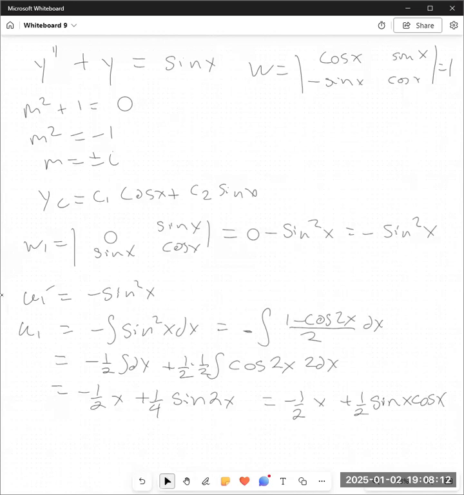And then we have W2 is equal to, then we have 0 and sine x, and I have cosine x and negative sine x, and so this is sine x cosine x.